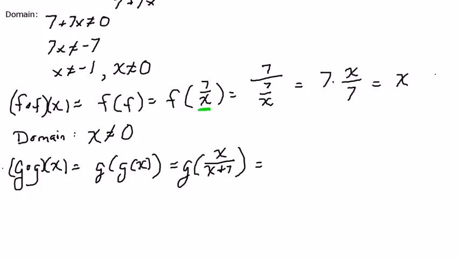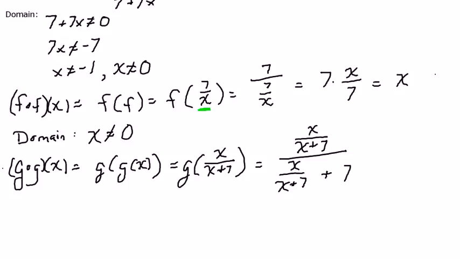So where each x is, we're plugging in an x over x plus 7. So in the numerator there's x over x plus 7. In the denominator there's an x over x plus 7, and then in the denominator there's also a plus 7. So this is our composition.